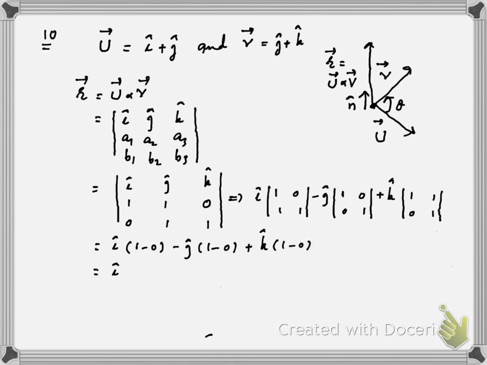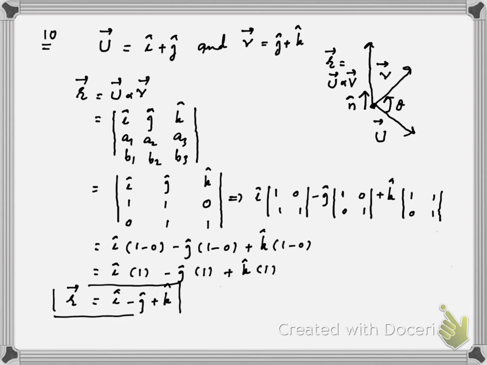So it is i cap into 1 minus j cap into 1 plus k cap into 1. Now it is equal to i cap minus j cap plus k cap. It is vector R.